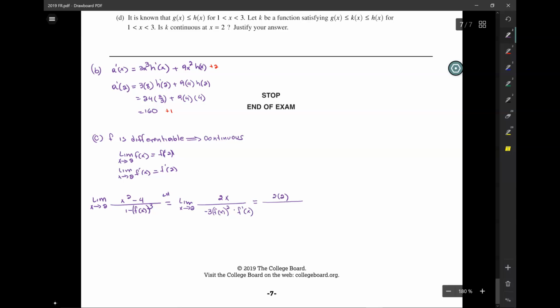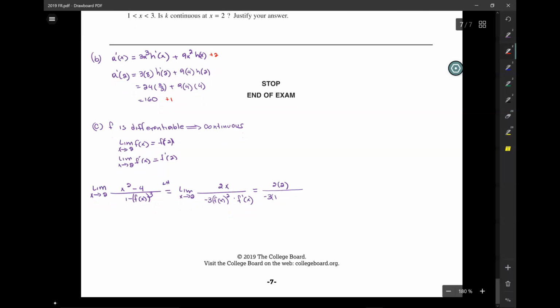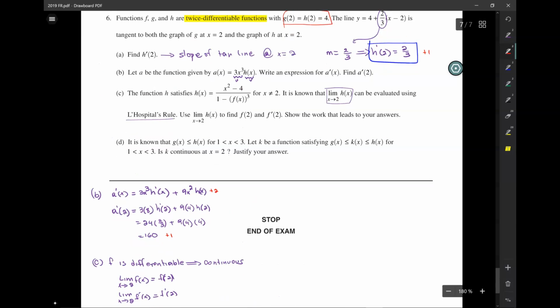So then I have negative 3 times f of 2. What was f of 2? F of 2 is 1. How do you know that? Because the bottom has to be equal to 0, since you can use L'Hopital's rule, so it's 0 over 0. Sorry, I forgot to talk about that part. It says you can evaluate this using L'Hopital's rule.